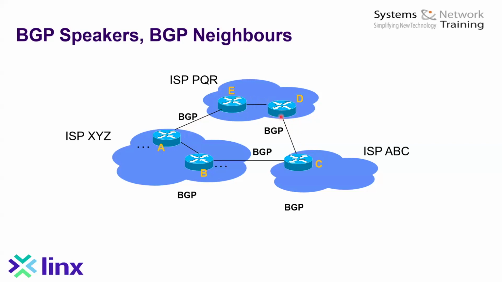In this case, these letters refer to the name of the routers themselves. So if routers A and E are peering with each other, then we call them neighbors. Okay, so BGP routers that are peering are neighbors, and therefore neighbors can send each other routes.